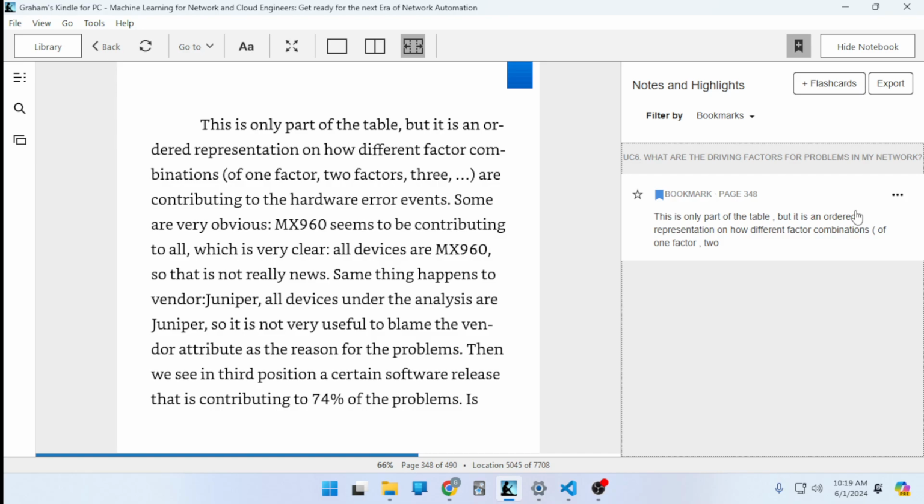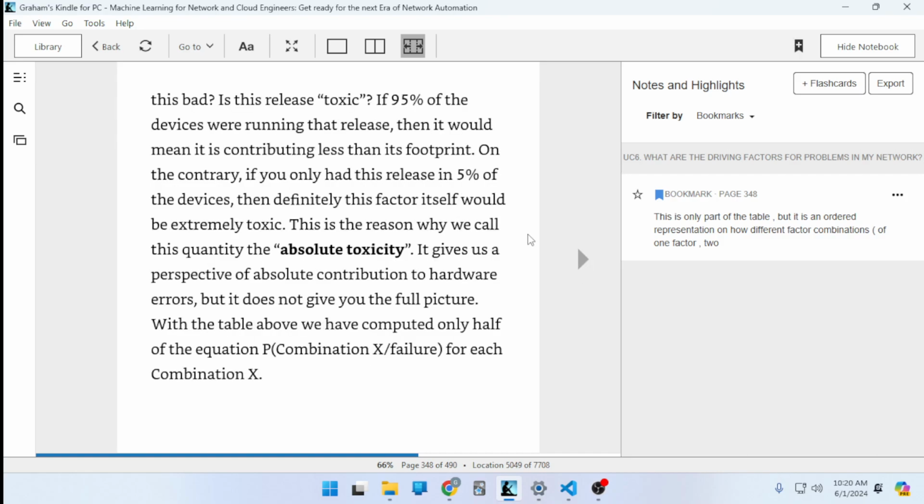All devices under the analysis are Juniper, so it is not very useful to blame the vendor attribute as the reason for the problems. Then we see in third position a certain software release that is contributing to 74% of the problems. Is this bad? Is this release toxic? If 95% of the devices were running that release, then it would mean it is contributing less than its footprint.